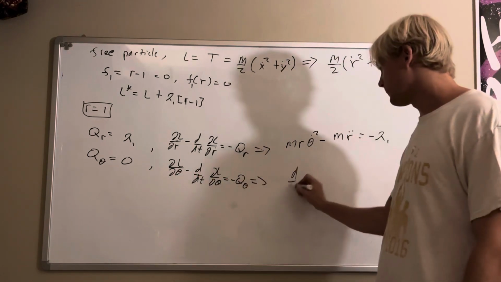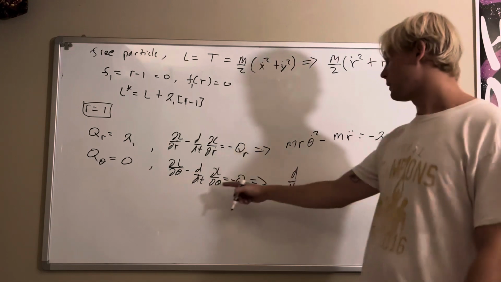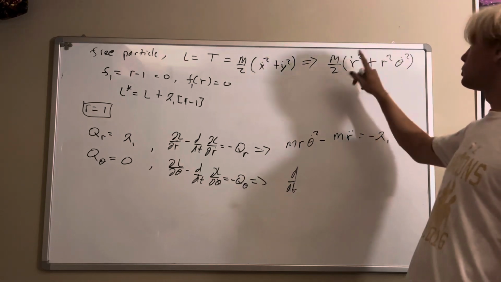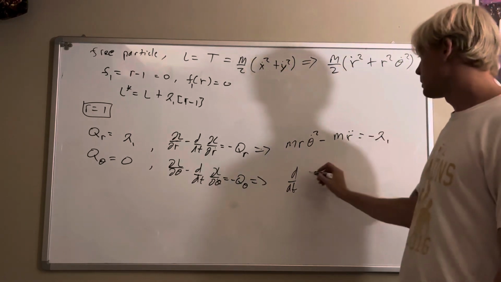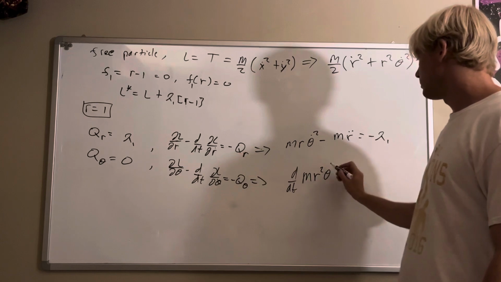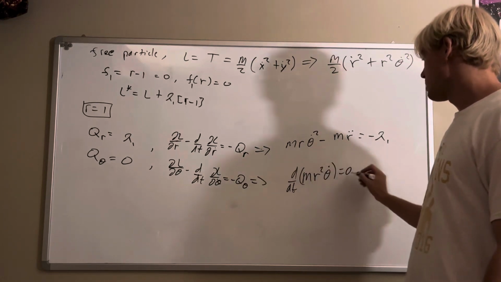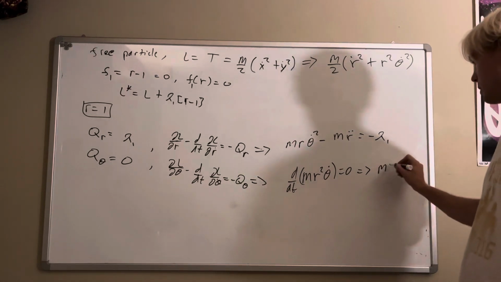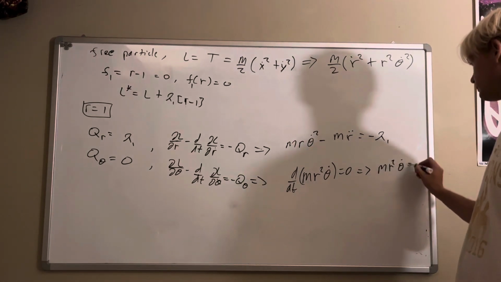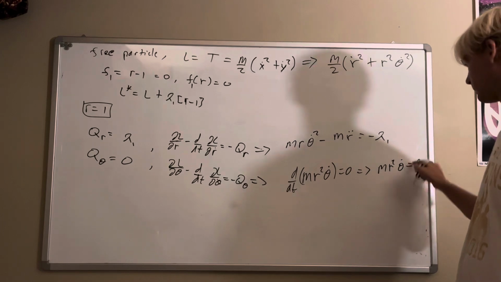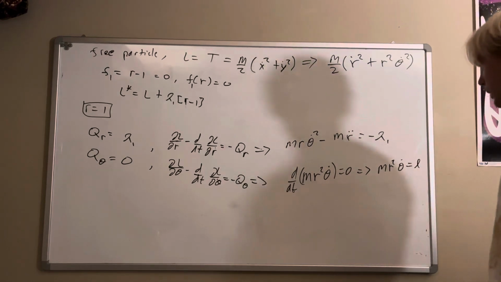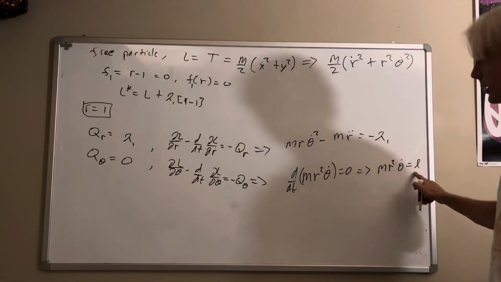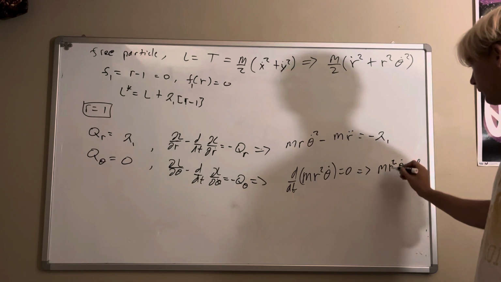So you get d/dt of the partial with respect to theta dot, which is just m r squared theta dot. This implies, call it a constant L, is equal to L. This constant usually is angular momentum when you talk about it physically.